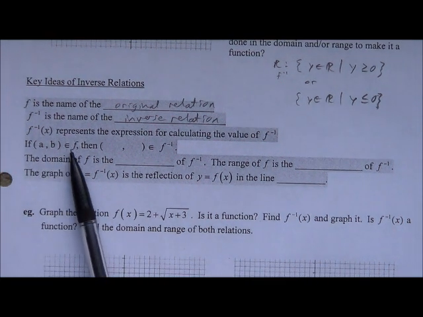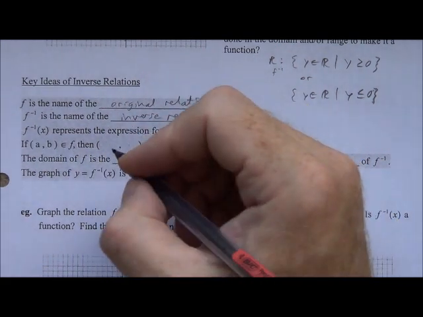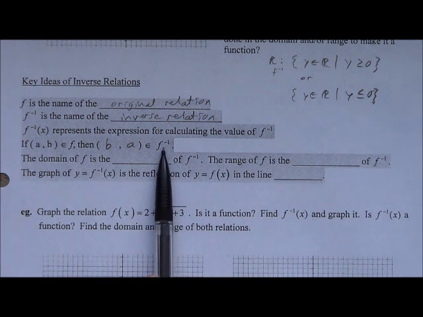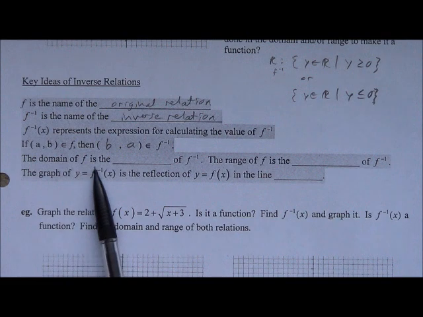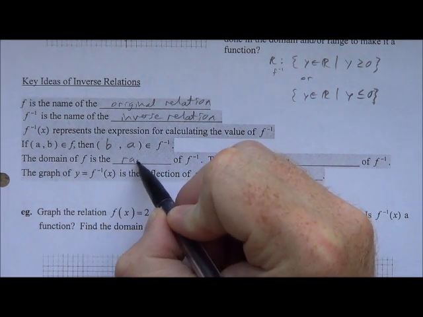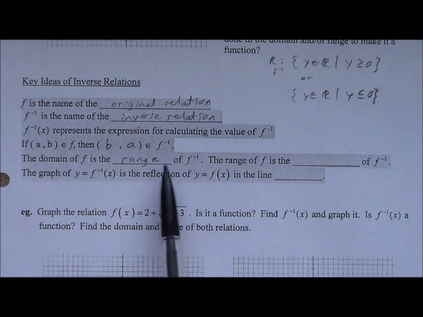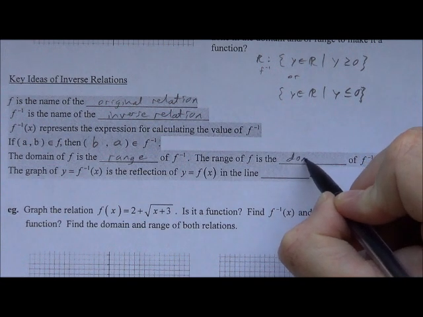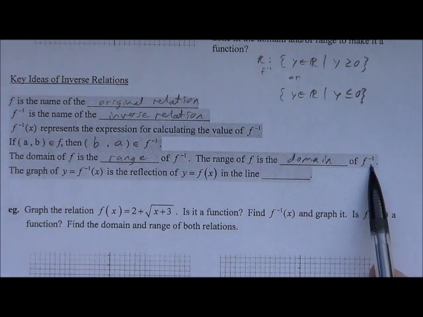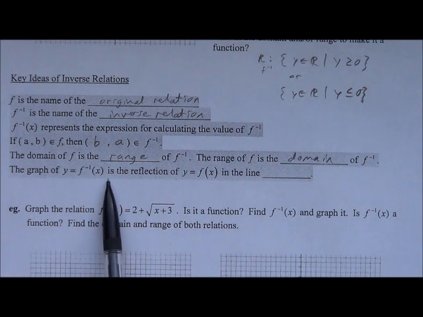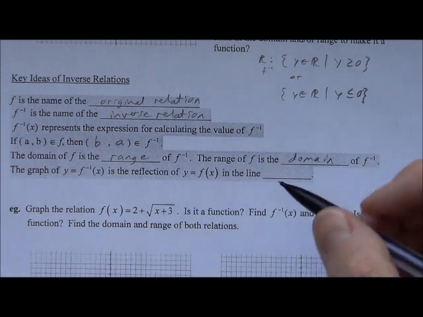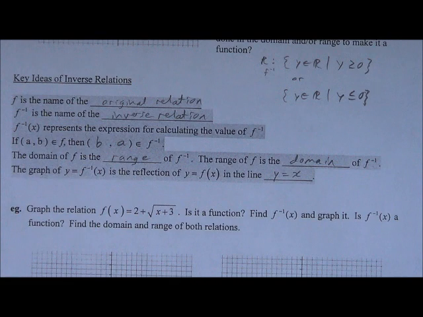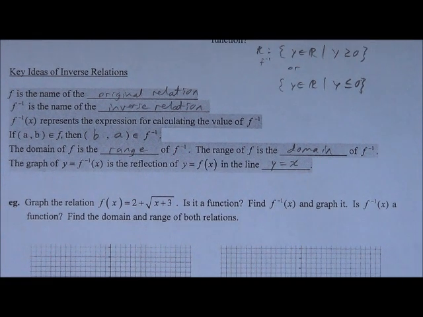If (a, b) is an element of the original function, then (b, a) is an element of the inverse relation. And the domain of f is the range, as we just saw a couple minutes ago, of the inverse relation, and the range of f is the domain of the inverse relation. The graph of y equals f inverse of x is the reflection of y equals f of x in the line y equals x, because all of the x and y values are interchanged.